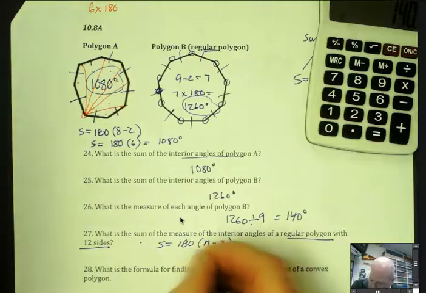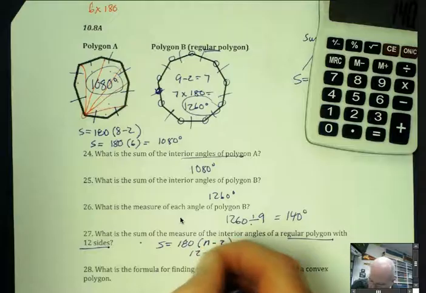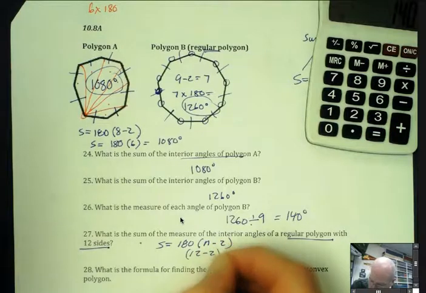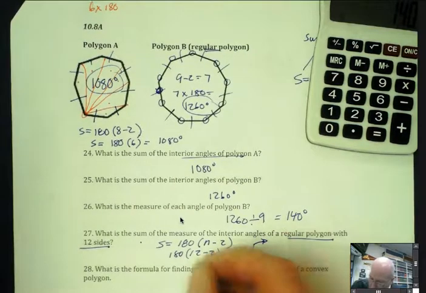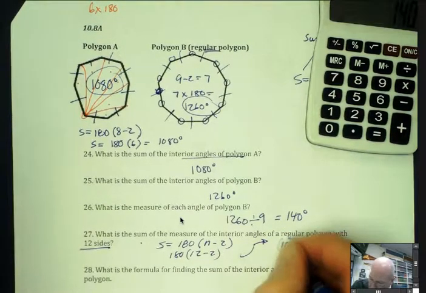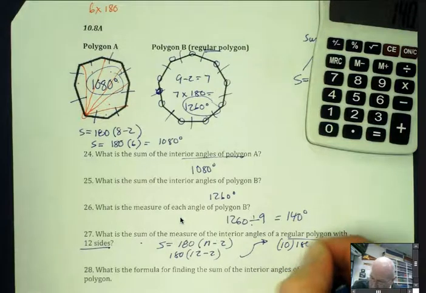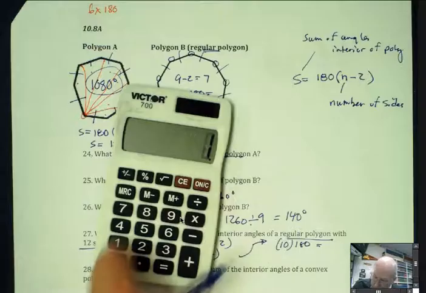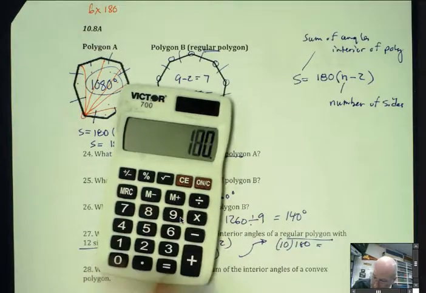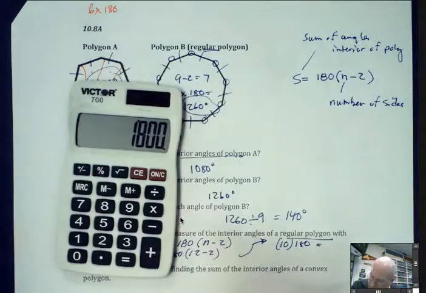So 12 minus 2 is 10. And we're going to take that times the 180. It's pretty simple if you think about it. 10 times 180, you got 1800 degrees.